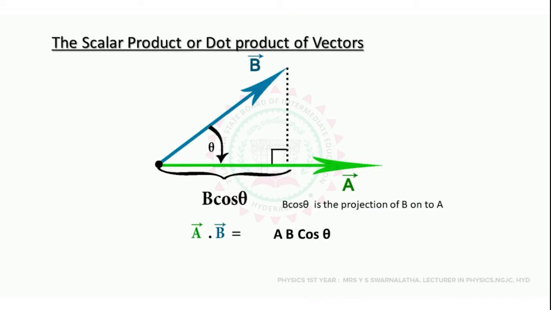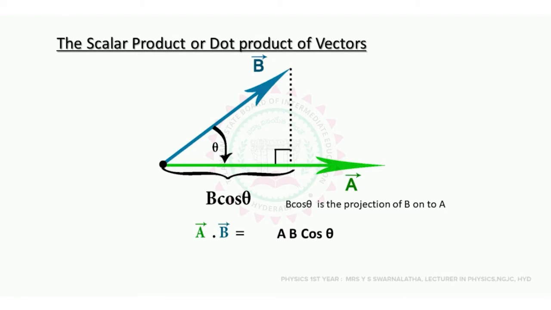Here we take the projection of B bar, B cos theta, in the direction of A bar and multiply it with the magnitude of A bar. So we get AB cos theta. So A dot B is equal to AB cos theta.